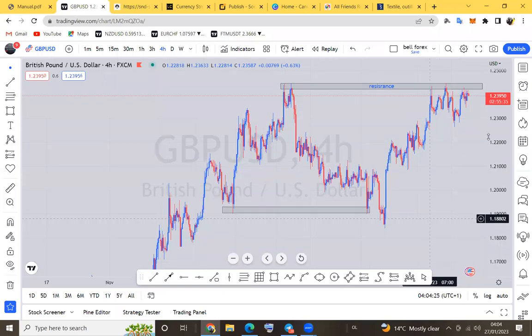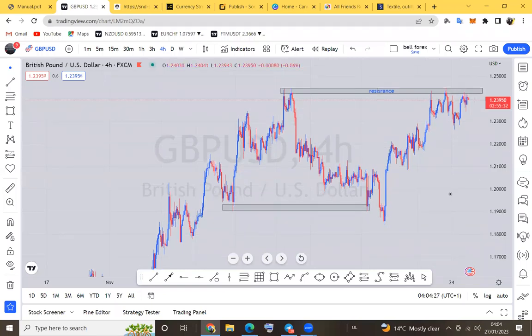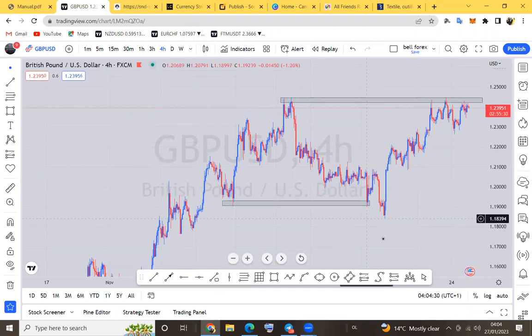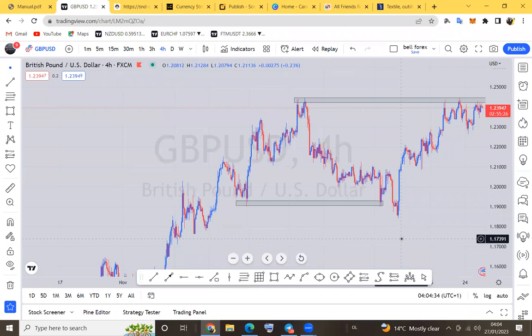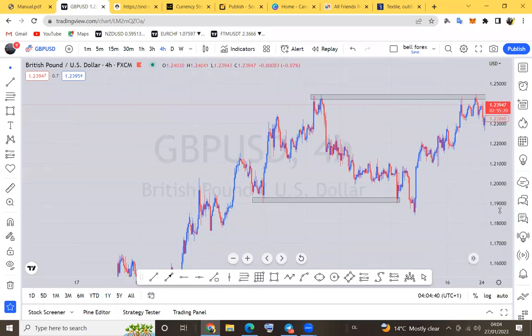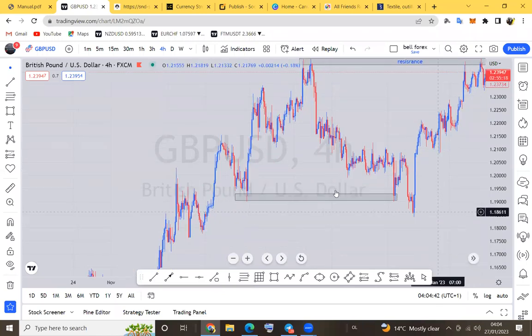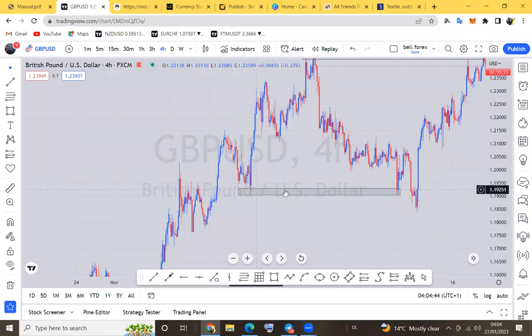And again, I've seen something very beautiful, oh my God. Chat, let me show you people something. See here. You people see this market here, where I just drew the support, right?